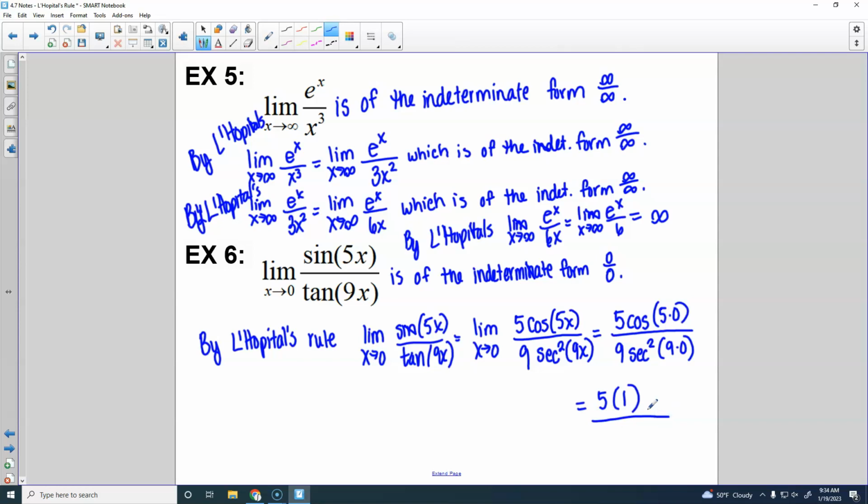All right, secant. What is secant of 0? Secant is 1 over cosine. Cosine of 0 is 1. So secant is going to be 1 over 1, which is still just 1, right? And it is squared because it's secant squared. And so we just get 5/9.